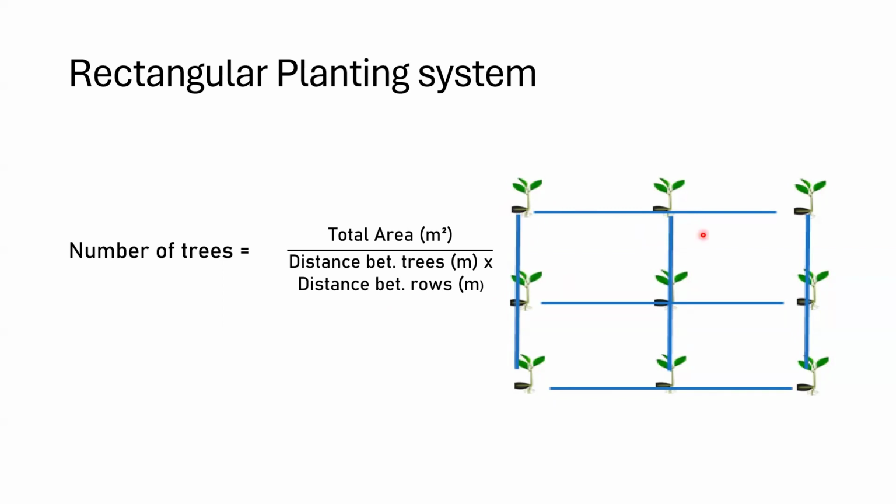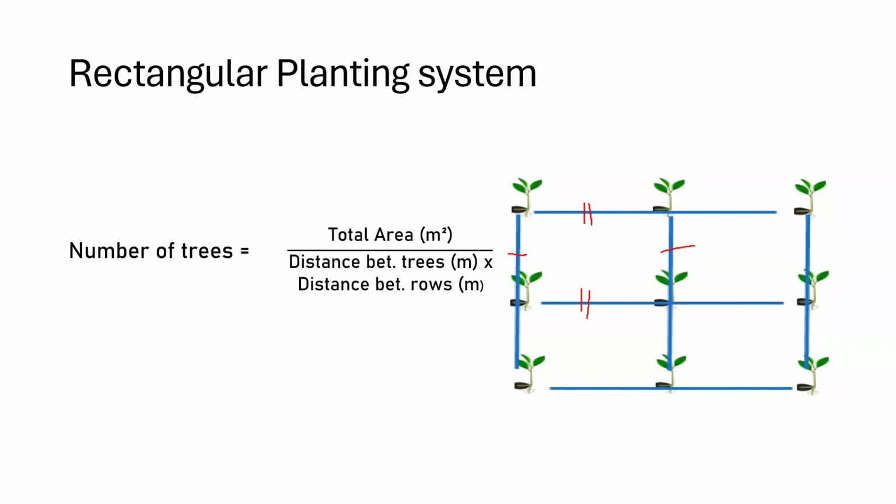So two sides have equal lengths, then two sides also have equal lengths. So this side has equal length sa side na to. Then this side has equal length to this side. So that's a rectangular planting system.